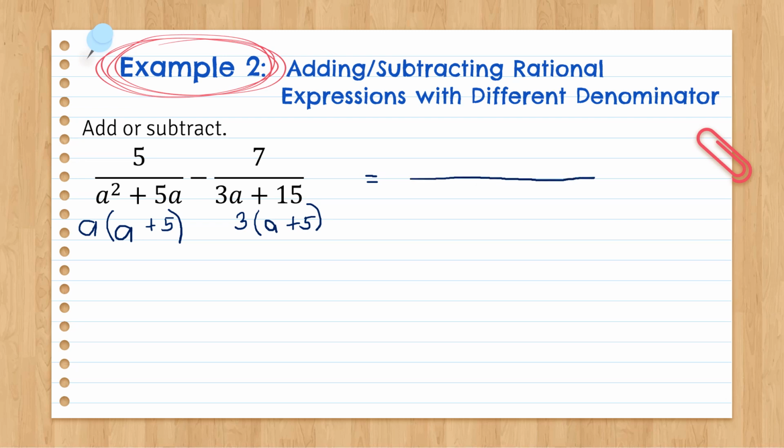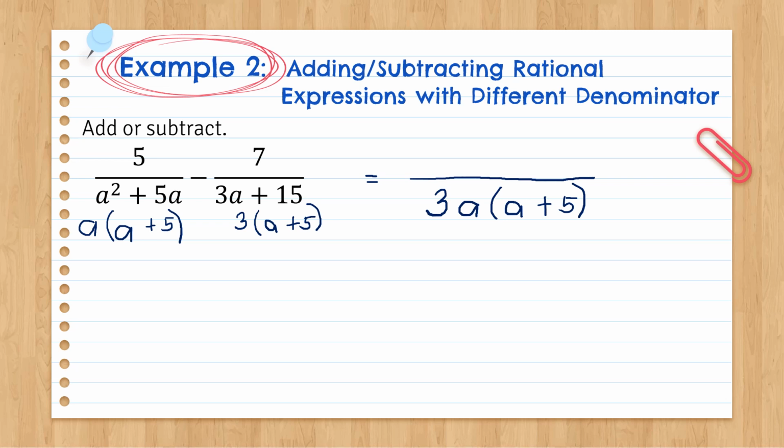We copy the factors for our first fraction. So that is a times the quantity a plus 5. For our second fraction, since the denominator is 3 times the quantity a plus 5 and we already have a plus 5, we are simply going to add 3.